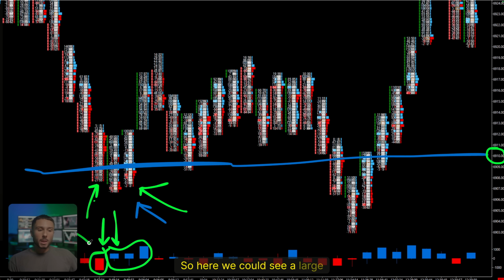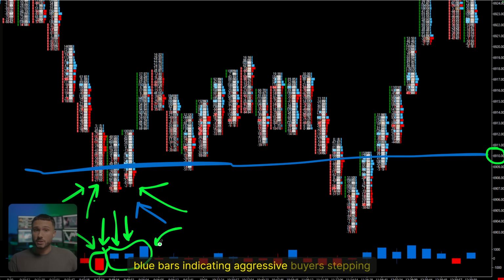So here we can see large selling volume coming in. As soon as we come to this level, the selling gets absorbed and the opposing participants come in, denoted by these blue bars indicating aggressive buyers stepping in. And then the market rallies from this.